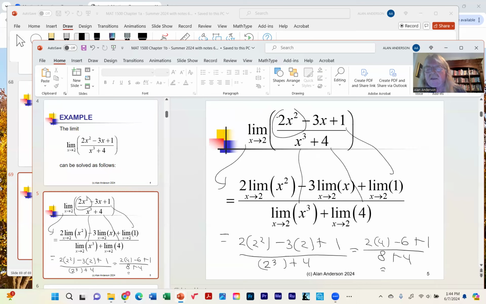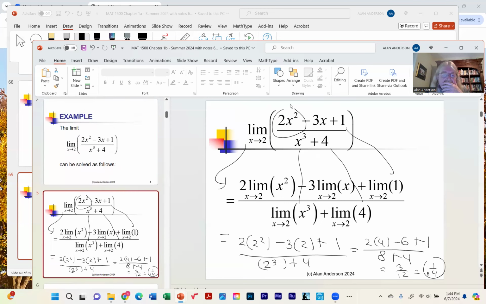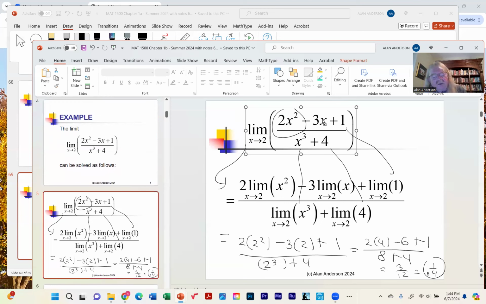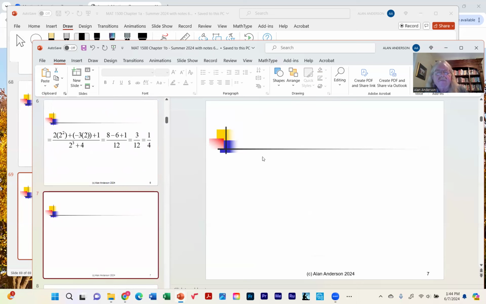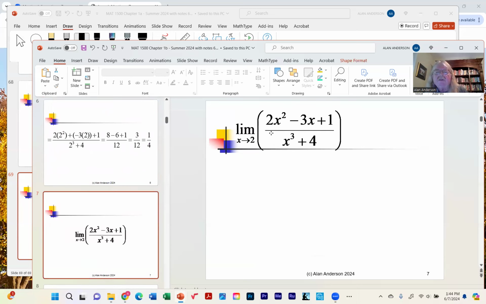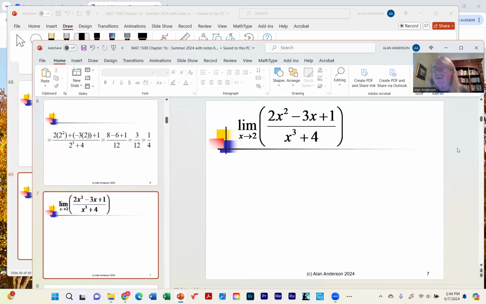Was that 3/12 or 1/4? And again, once you get comfortable with limits, what you could do is literally just substitute directly.